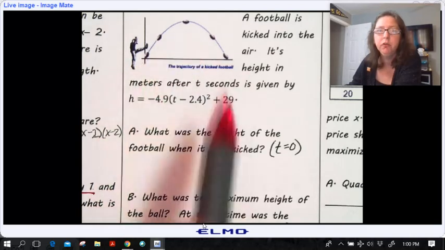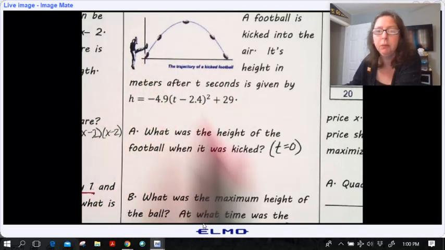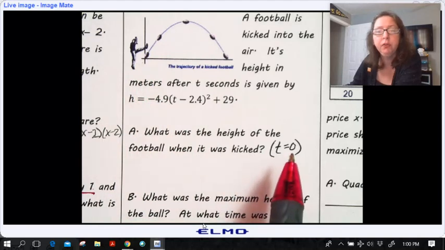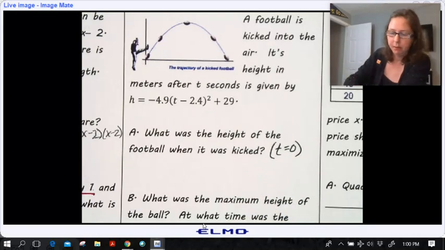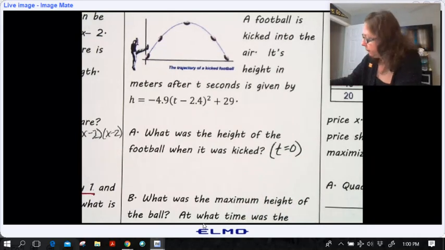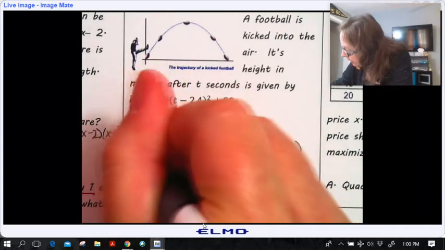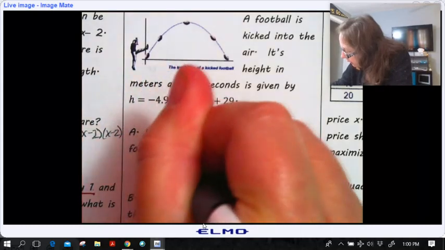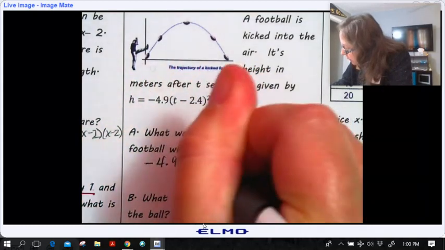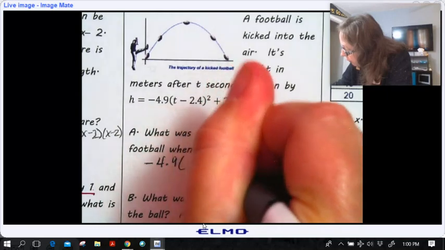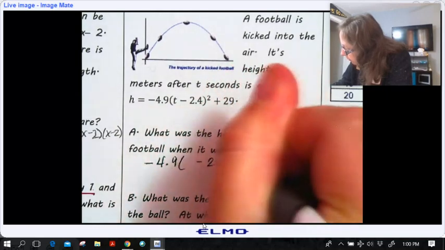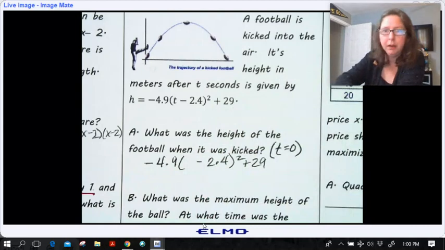So there has been 0 time that has passed. So I'm going to use t equals 0, and I'm just going to plug that in. Negative 4.9 times 0 minus 2.4. So let me plug in my 0.